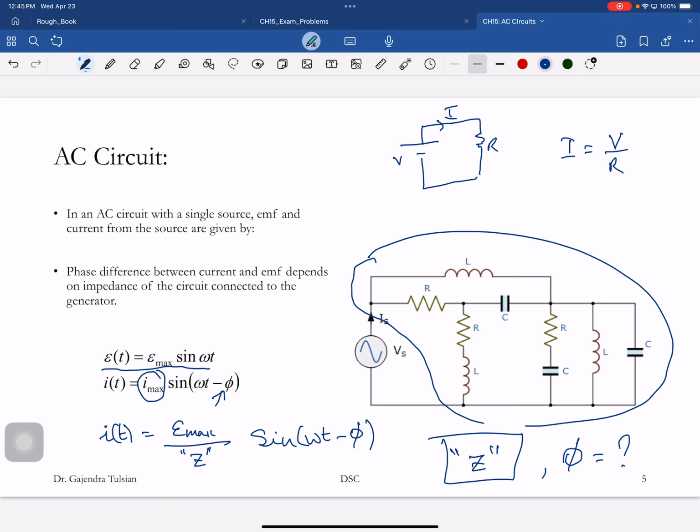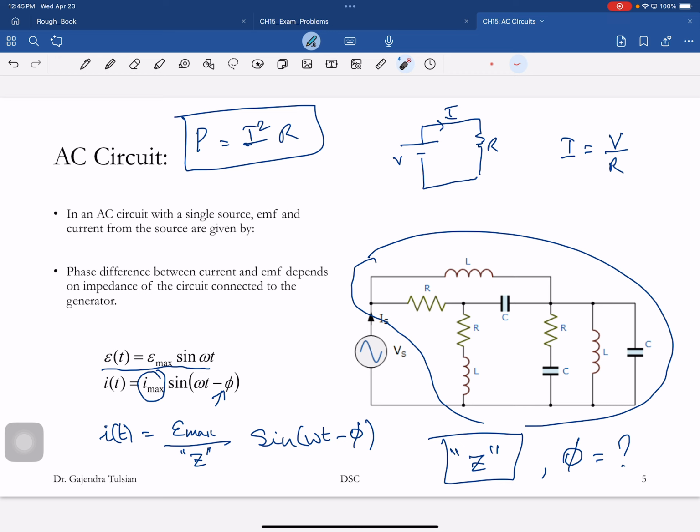Okay? The impedance tells you the higher the impedance, the lower the current. And the power dissipated, if you remember, the power dissipated in this circuit is I square R. And so the lower the current, the lower the power dissipated. Okay?